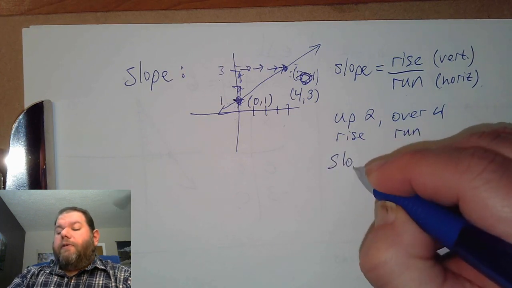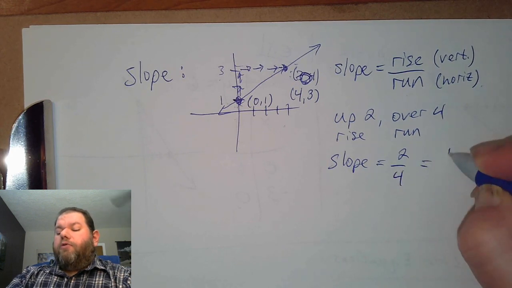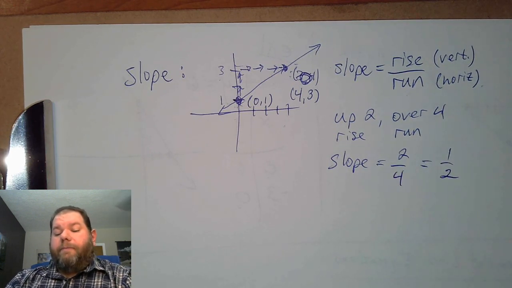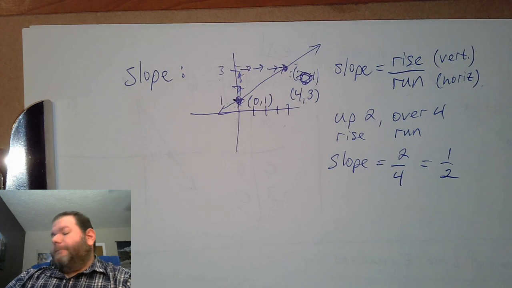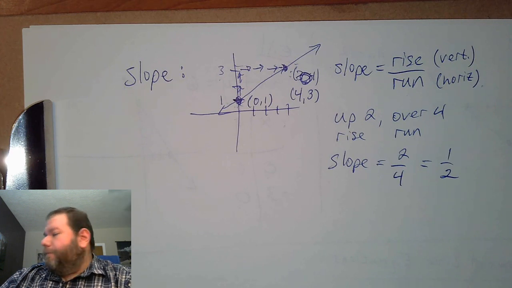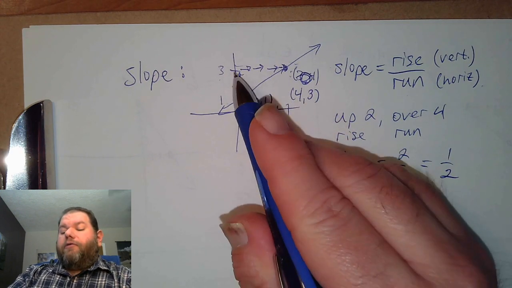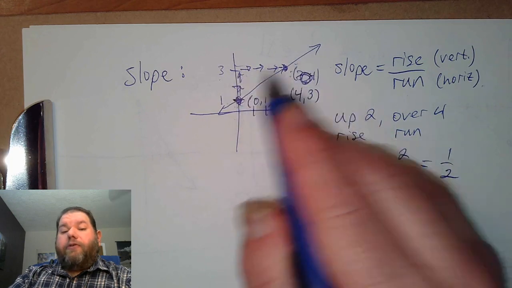So our slope in this case, we would say, is 2 over 4, which reduces to 1/2. I will add that I didn't make a great mark for that point because it looks like it's kind of between the 2 points. Okay. But again, we look at the vertical change as compared to the horizontal change.